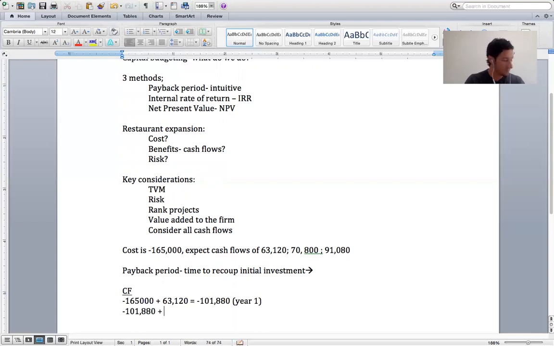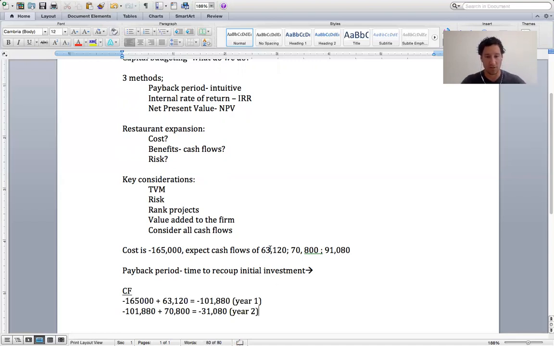We'll add to that next positive cash flow, 70,800. We're still in the negative 31,080. And that was year two.